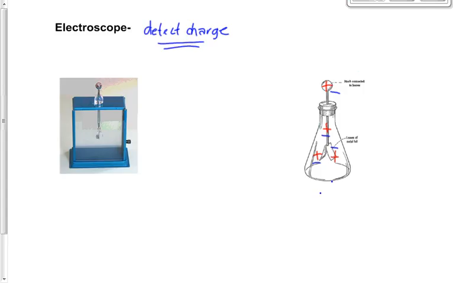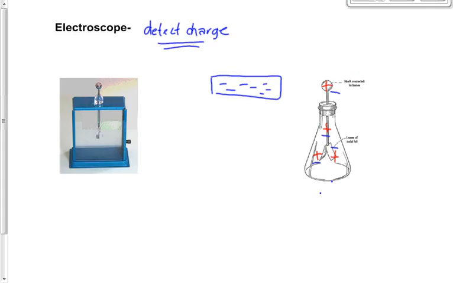But watch what happens when I bring a negatively charged object nearby. What's going to happen to the positives in here? What's going to happen to the protons in there, Zach? Good, nothing. Protons stay where they are, right? What's going to happen to the electrons?